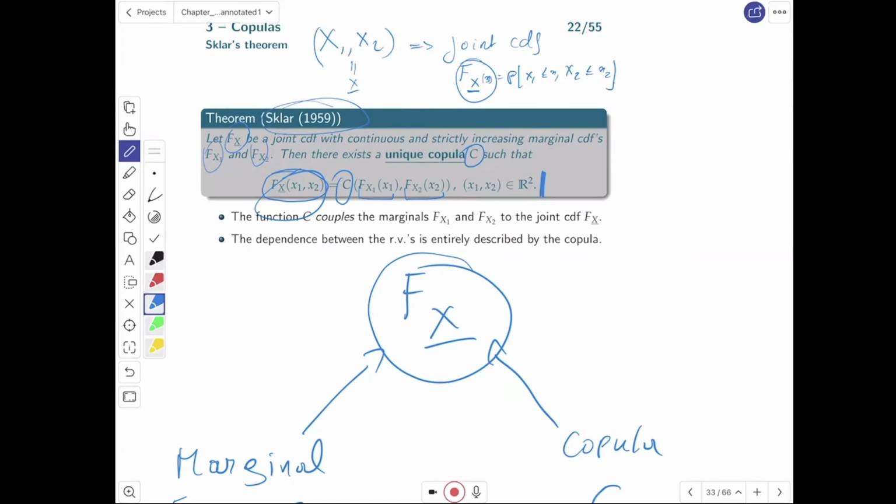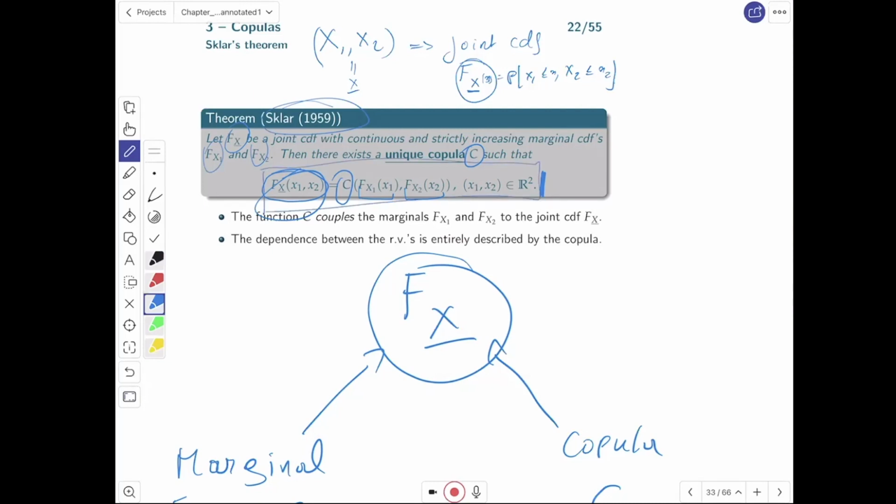There is an additional step that tells you it's not just a copula function C. If you find a copula function C that can do the job, it's the only one. There's only one copula that gives you this relation.